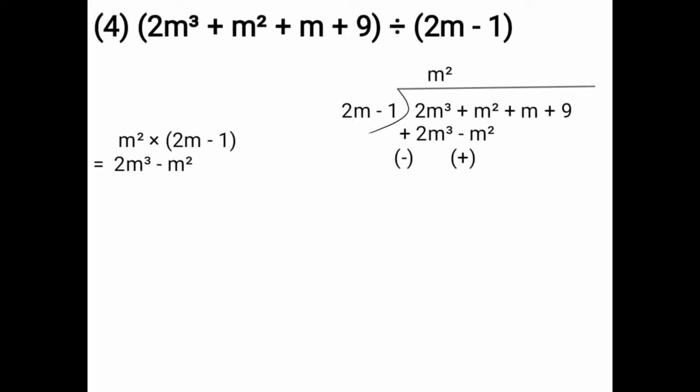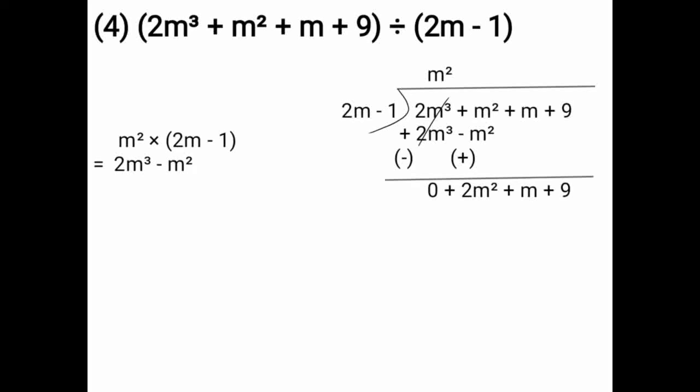2m cube minus 2m cube, cancel it because you are getting the remainder 0. You have to add this plus m square plus m square. Plus m square is how much? Plus 2m square. Plus m plus 9, you have to bring it down.